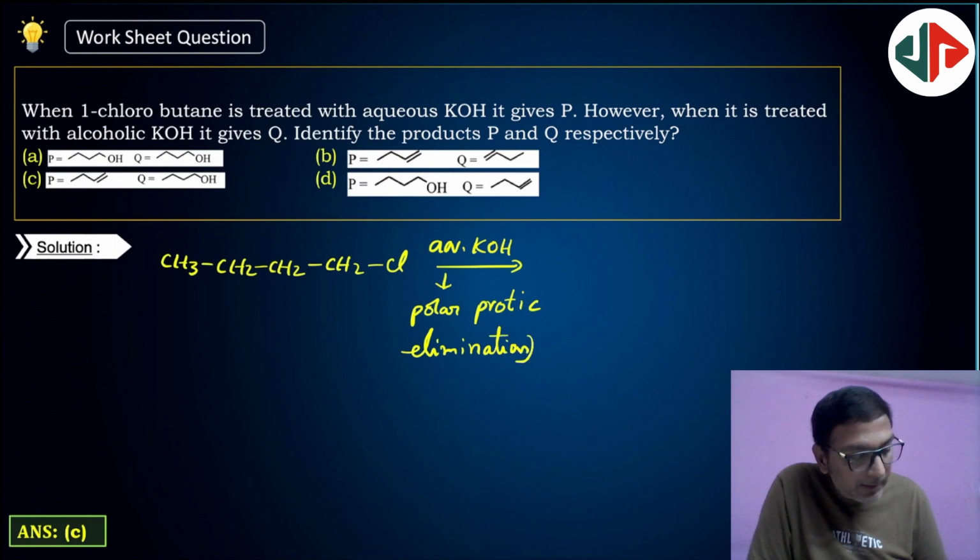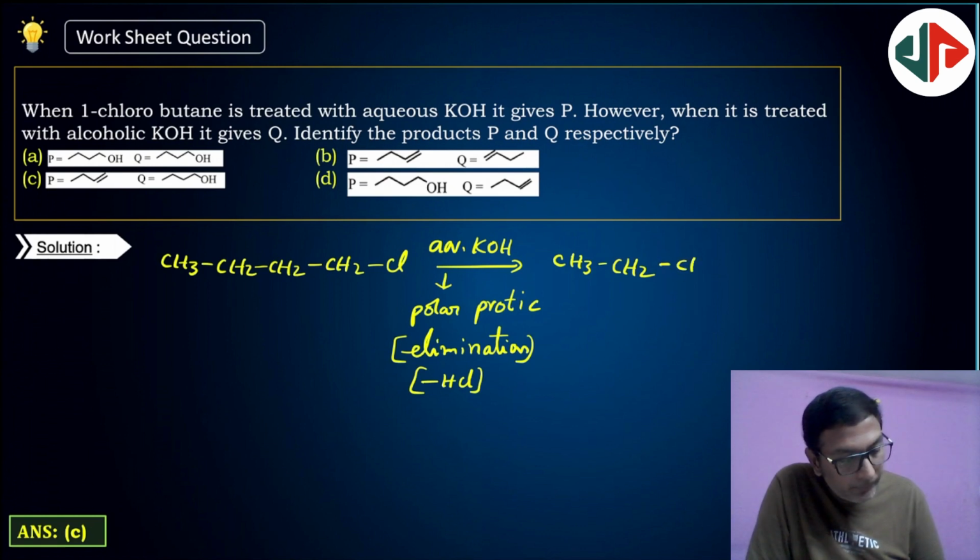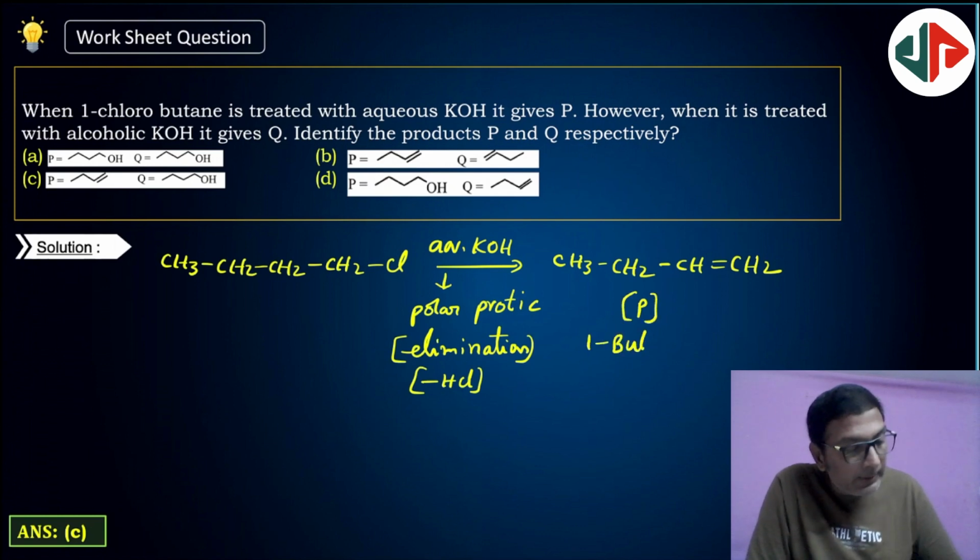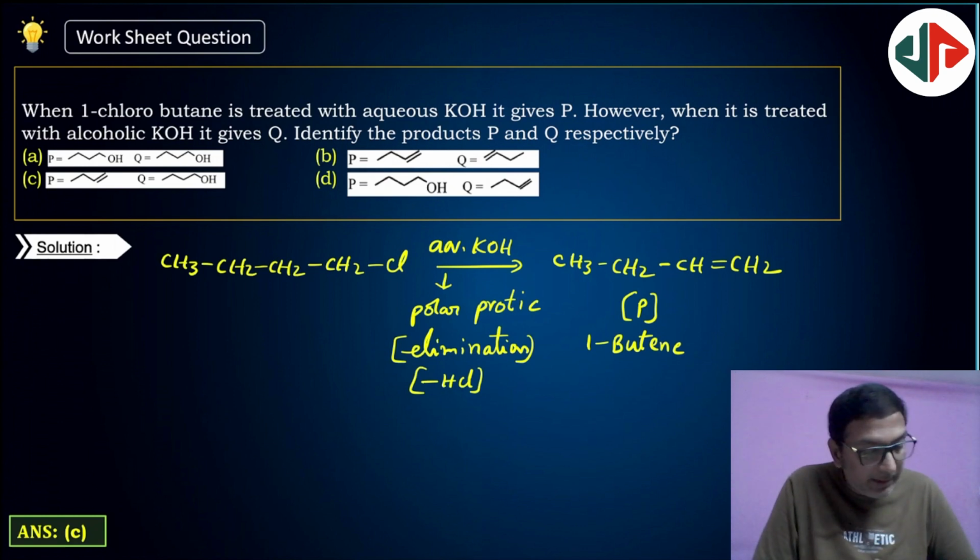Elimination dominates over substitution. Therefore, minus HCl, dehydrohalogenation, which gives P, an alkene, 1-butene. So P is alkene.